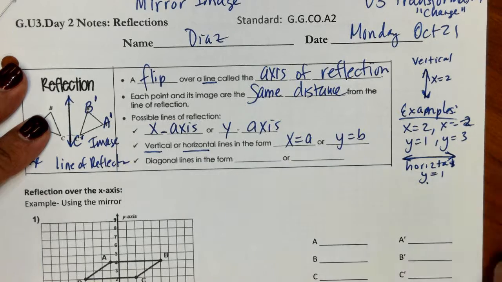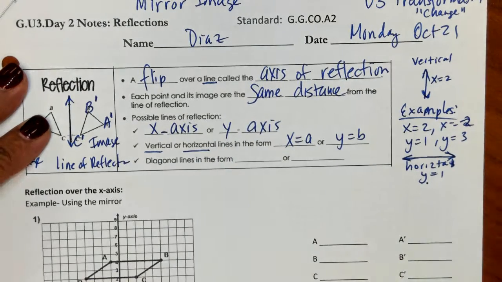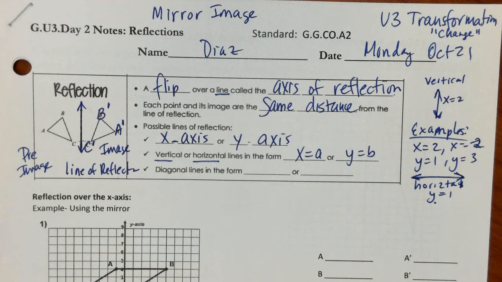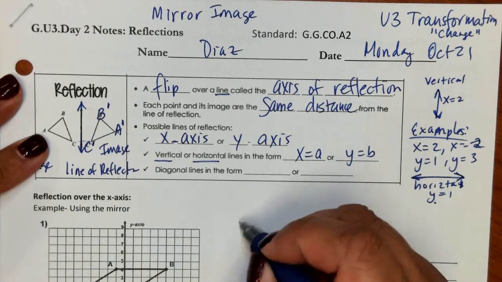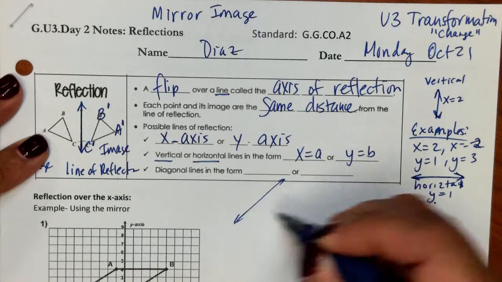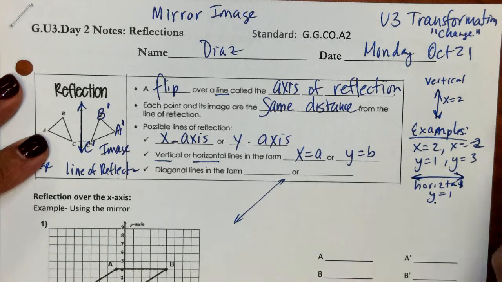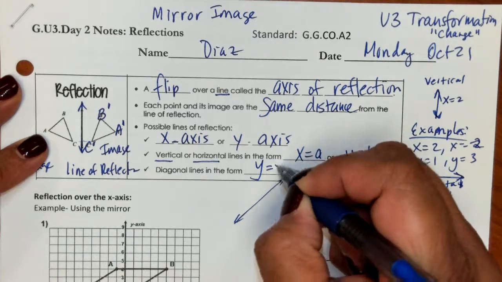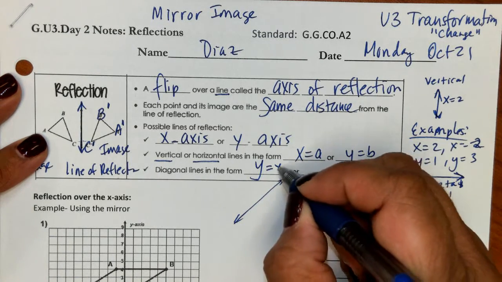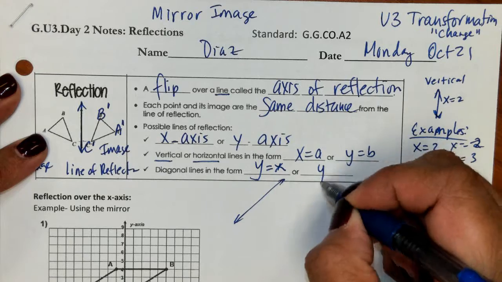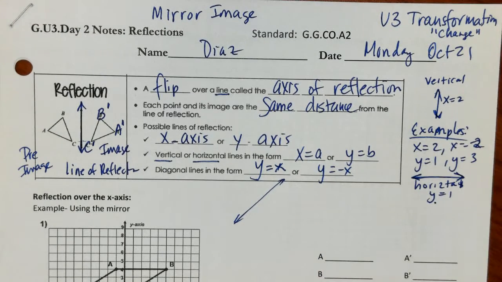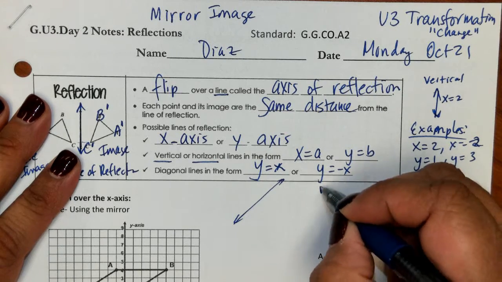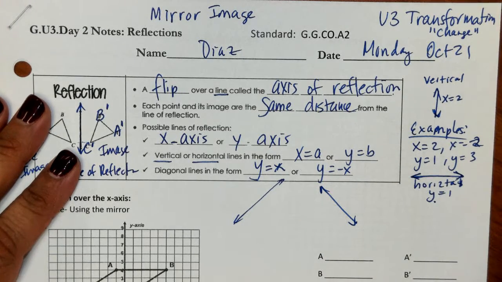We needed to put some extra info. For the diagonal lines, I've been sharing with you Miss Mona Lisa. If you remember that one line that went across this way, and Mona Lisa was here and Mona Lisa was over there, diagonal lines can be in the form of y equals x, or y equals negative x. Y equals x goes in this direction, and y equals negative x goes in that direction.